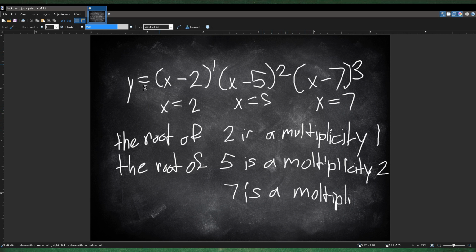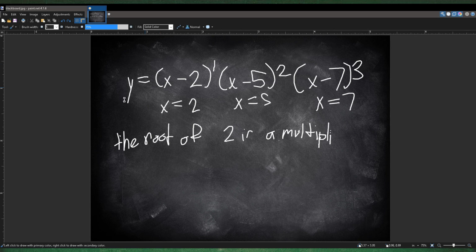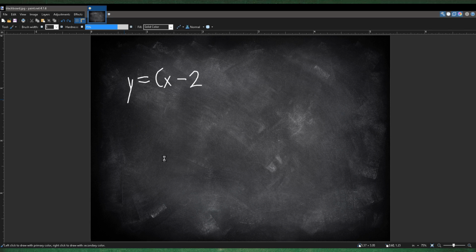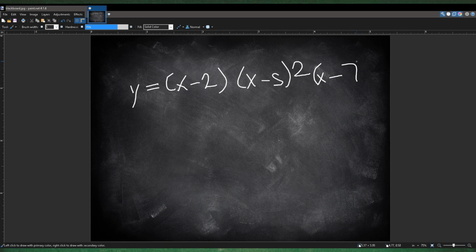The interesting property about multiplicities is that, let me erase this first. y equals (x minus 2)(x minus 5) squared (x minus 7) cubed.